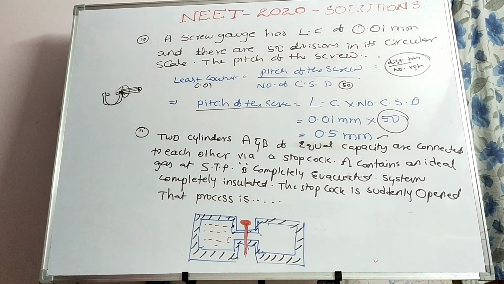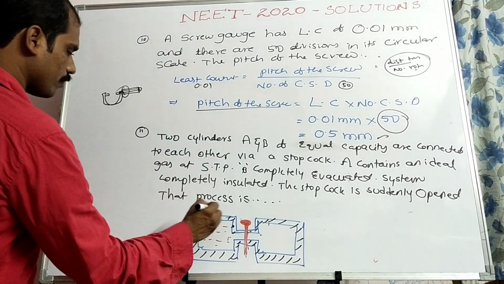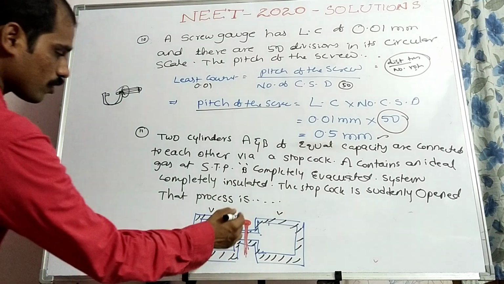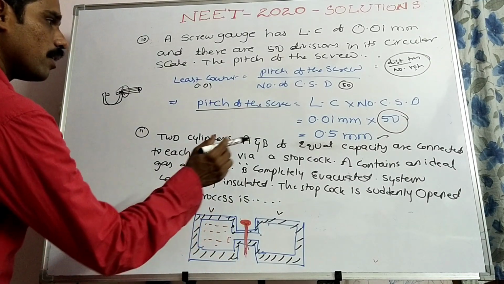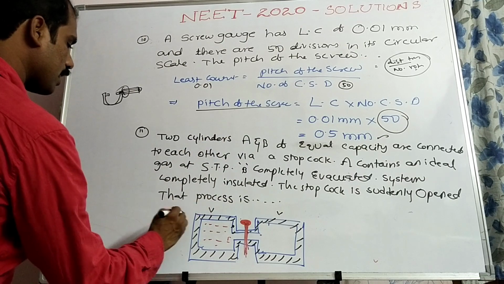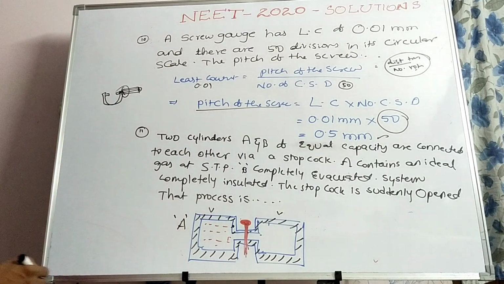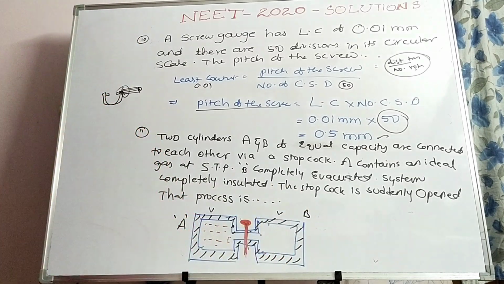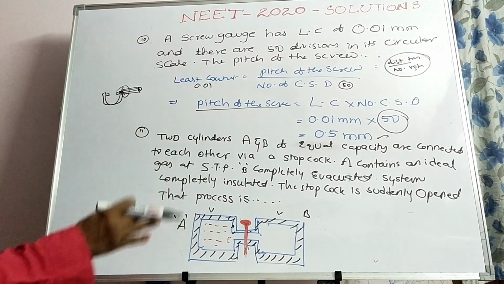Next, another question is here. Two cylinders A and B of equal capacity, with constant volume, are connected to each other by a stopcock. Vessel A contains an ideal gas at STP conditions, and B is completely evacuated, that is, there is no gas.